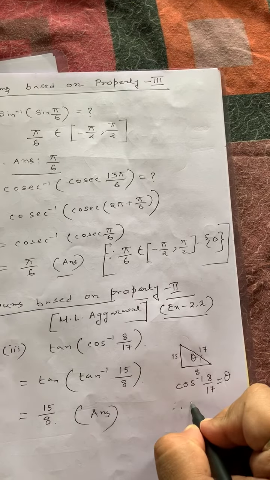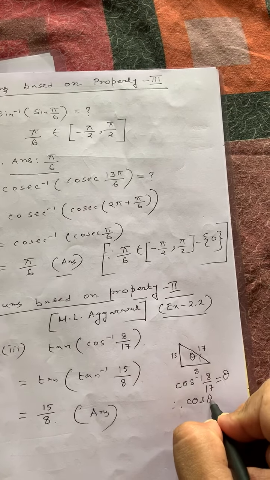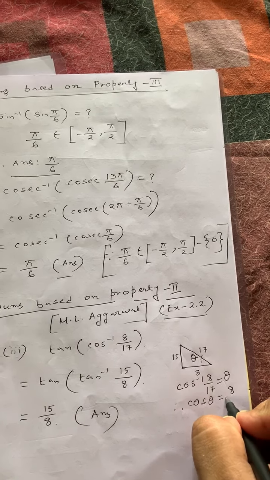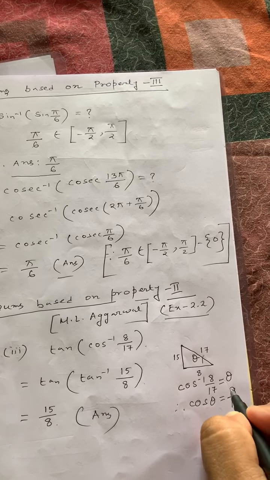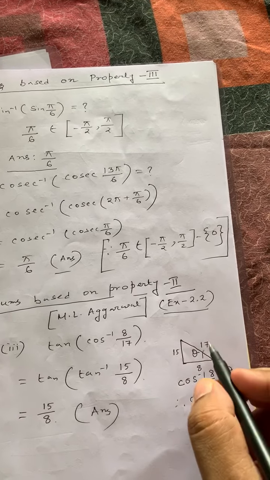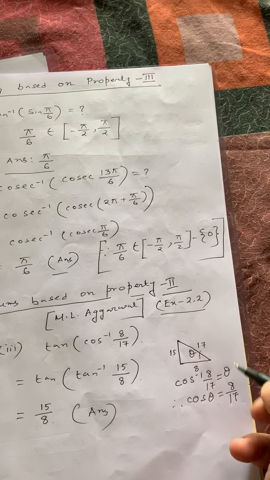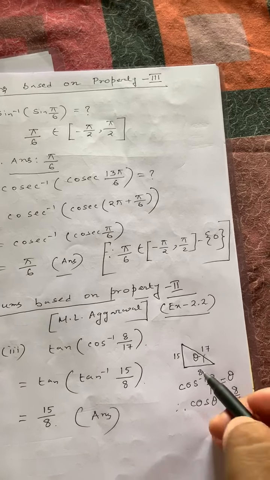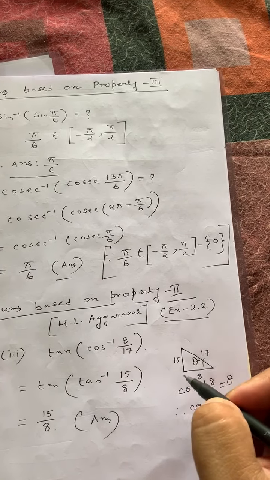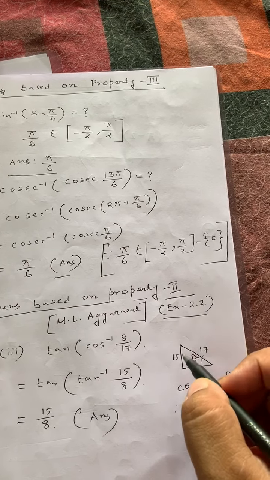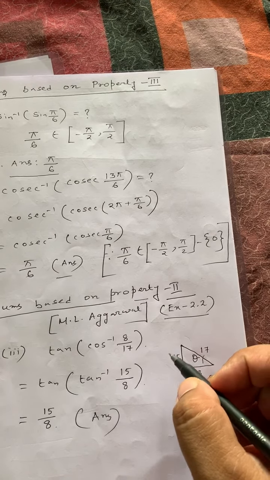Therefore cos theta is equal to 8 by 17. So 8 will become the base and 17 will become the hypotenuse. You can always consider the common ratio along with that. In that case, depending on the Pythagorean triplet, the perpendicular will become 15.